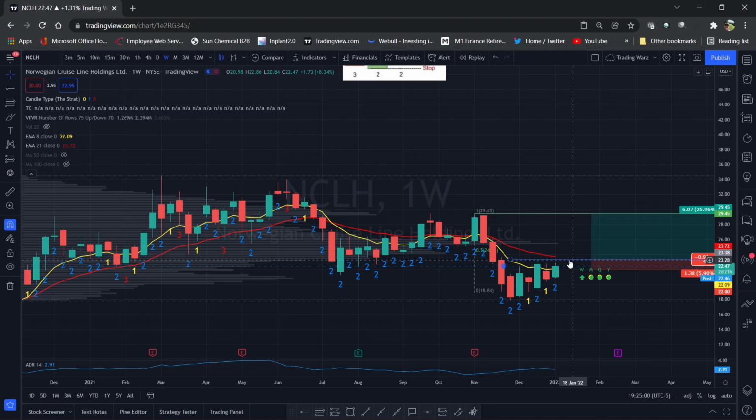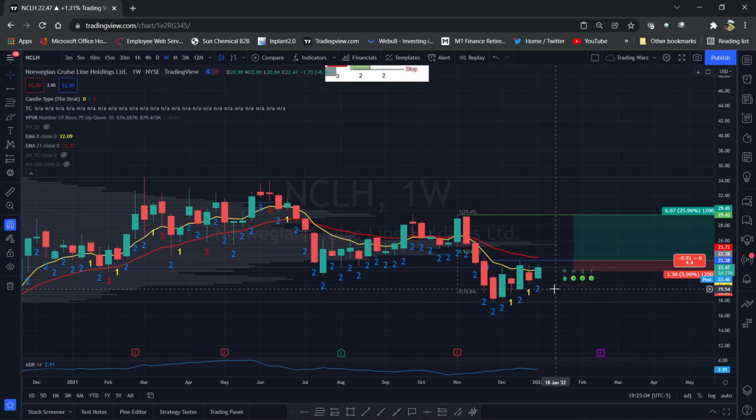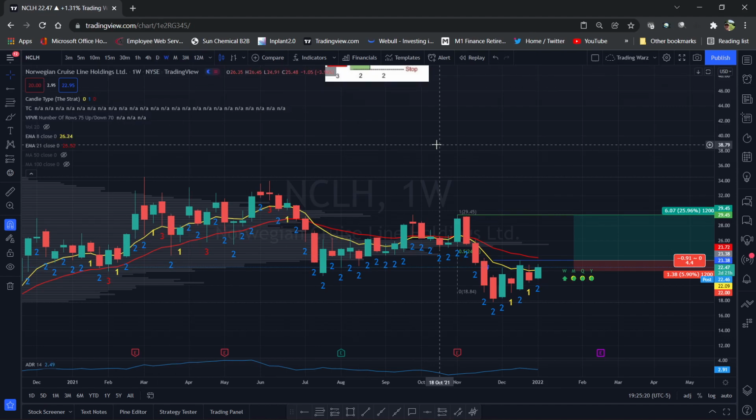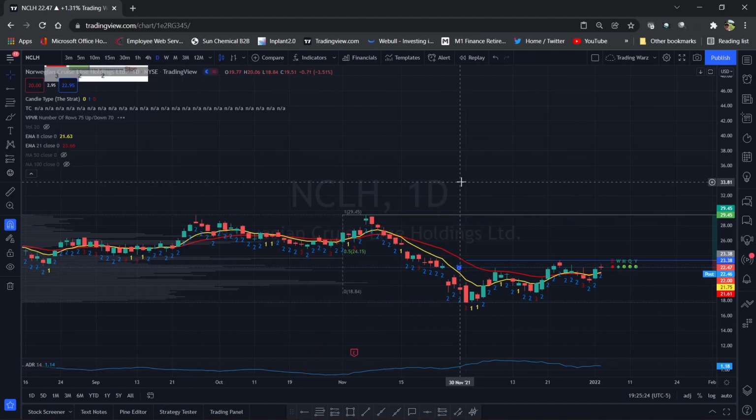So I don't automatically jump in a trade without seeing if it'll retest the entry target. And again, there's a little bit of resistance here I'll watch for as well before it hits my target. Then, if I like the weekly, which I did on this one, I'll look at the daily.